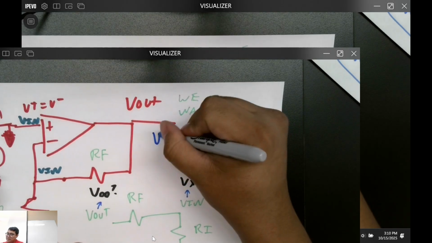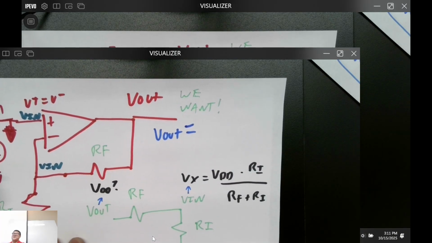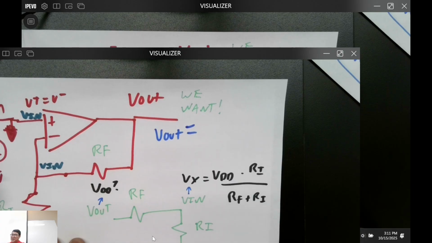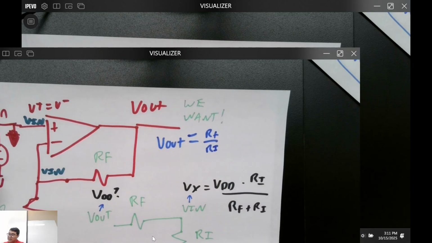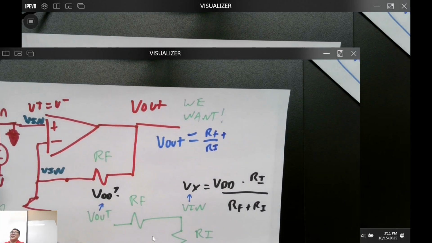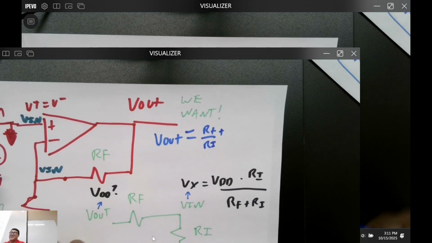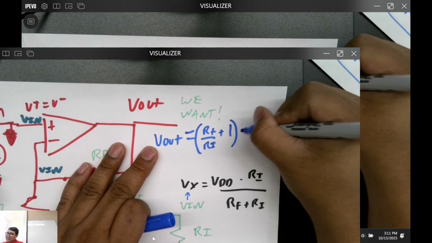Then what's V out? Once I start doing some more algebra, RF divided by RI, that's one term, plus what's RI divided by RI? 1, times our VN.